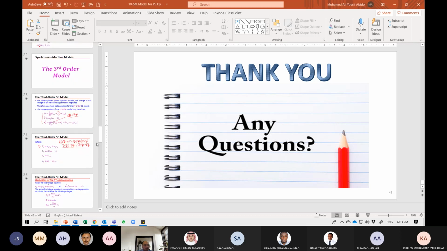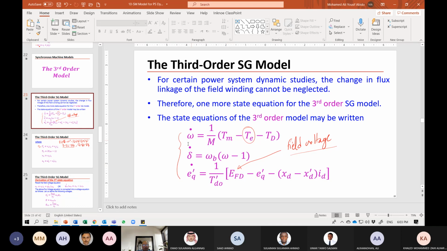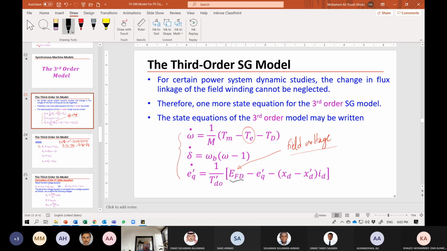So again, for the third order model, you have the swing equation and Eq prime. This Efd comes from the field, and if we go to the dynamics of the field, we will express this Efd as another differential equation if we consider the exciter model as the excitation system, if we consider the dynamics in the excitation system.